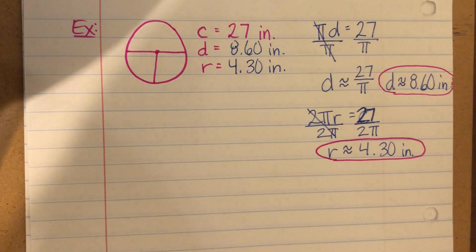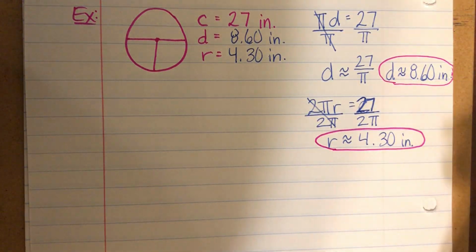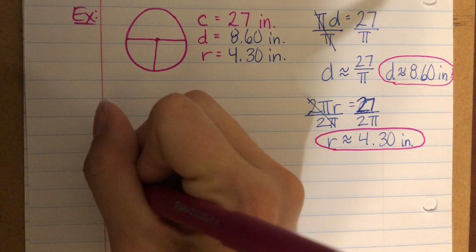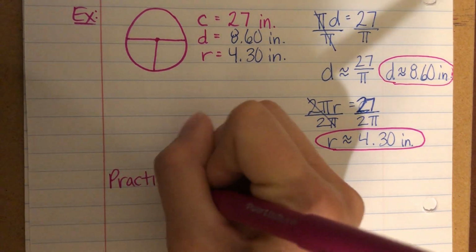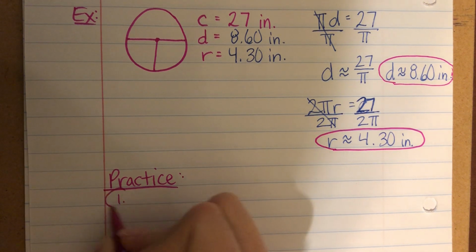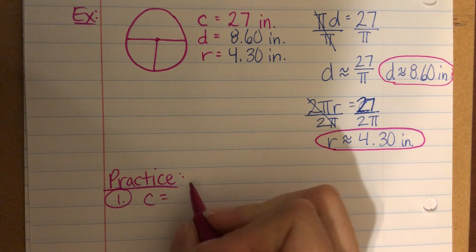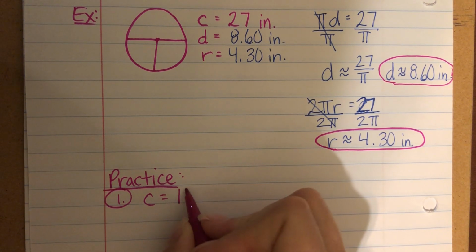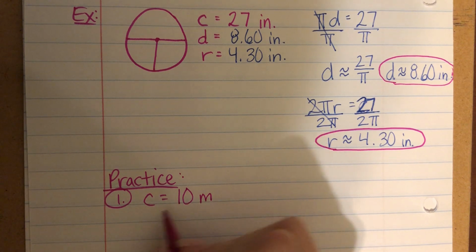All right, so let's go ahead and I'm going to give you a couple practice problems for this to make sure you're good, okay? Okay, your circumference is equal to 10 meters.